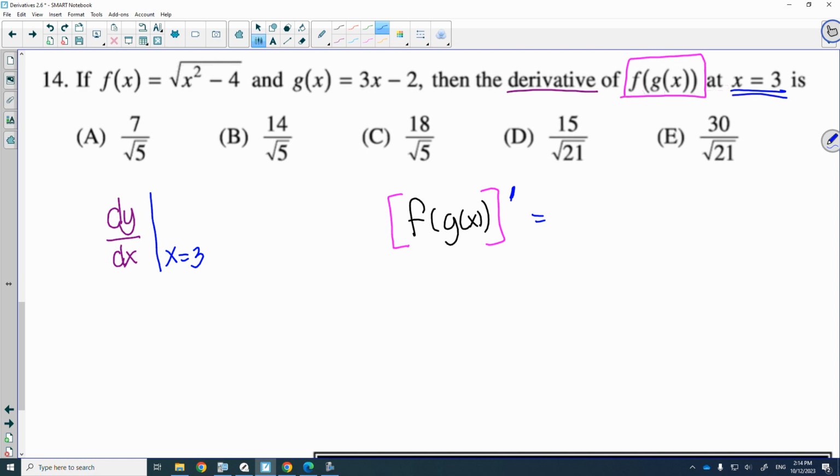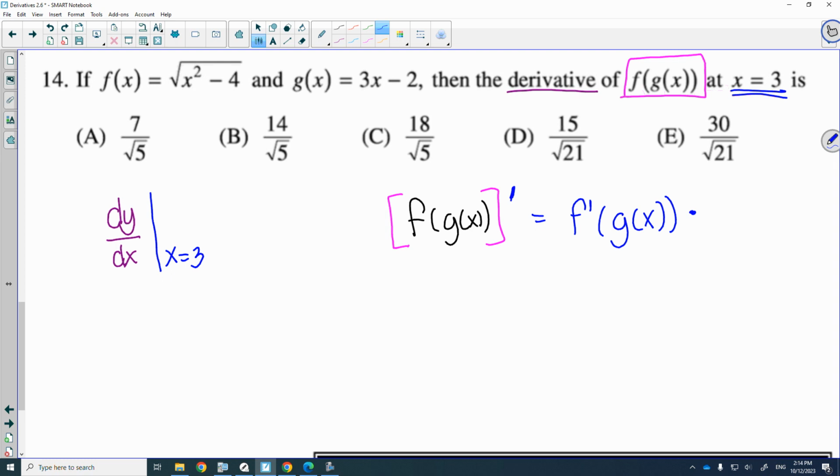The derivative of a composite function is the chain rule. The chain rule is the derivative of the outside function times the inner function, multiplied by, oh, and what would I multiply that by?